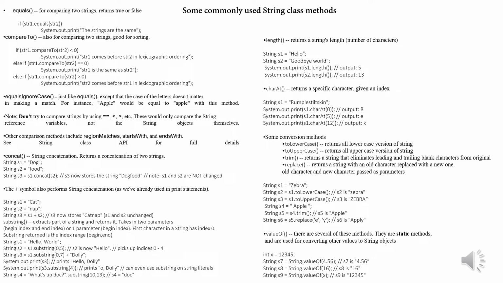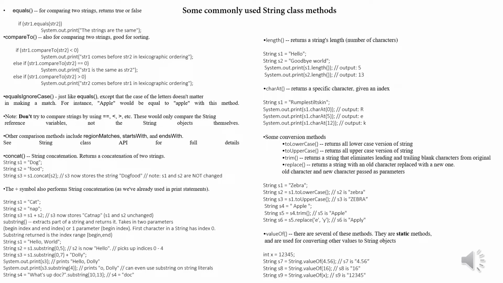So if you put just one number, that number would be considered as the begin index. Another important method in a string class is length, right? So length will return the length of one string. For example, we have a string s1 be hello, a string s2 be goodbye world.